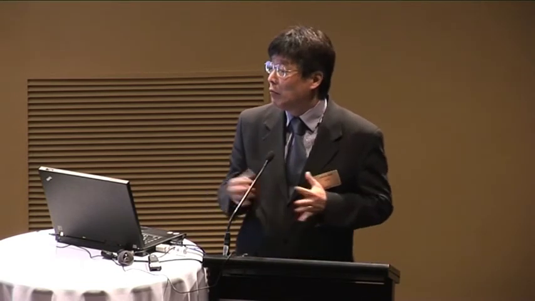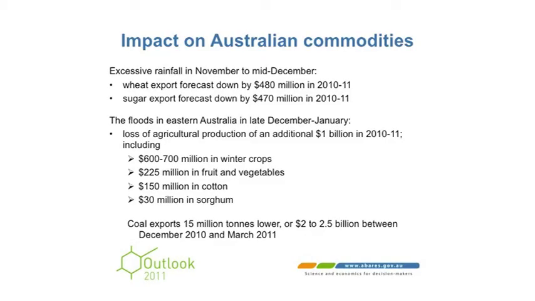Now, getting to the second stage, the flooding, which was much more widespread. We estimate the damage to winter crop production now includes, in addition to quality downgrading, crop losses. We estimate that we lost about 2.5 million tons of winter crop production, which translates into around $600 to $700 million in farm incomes.